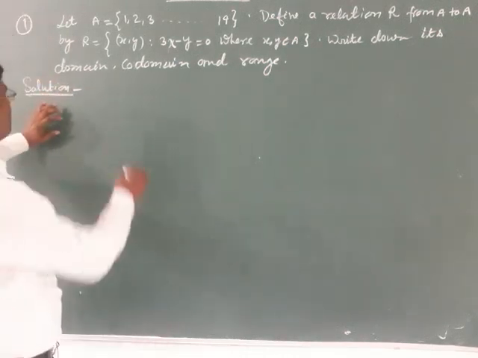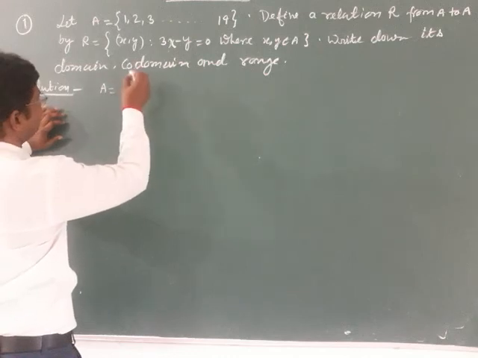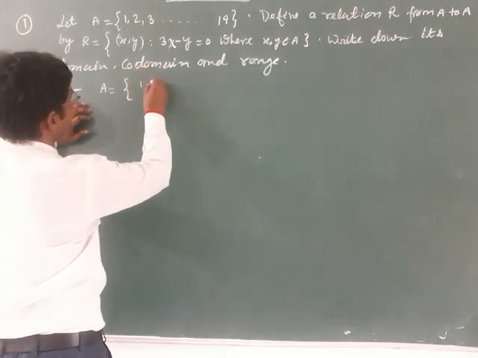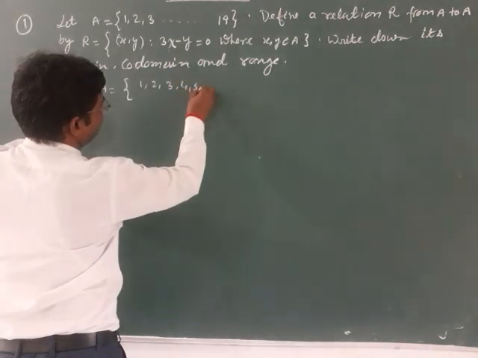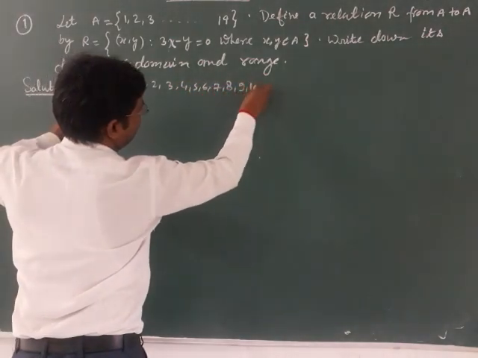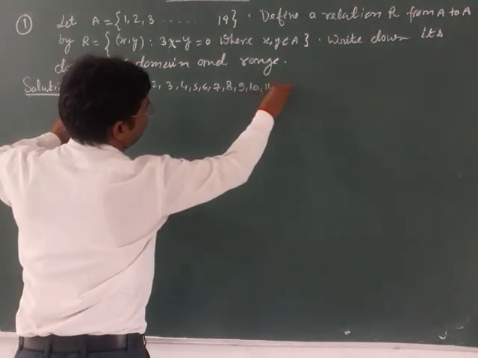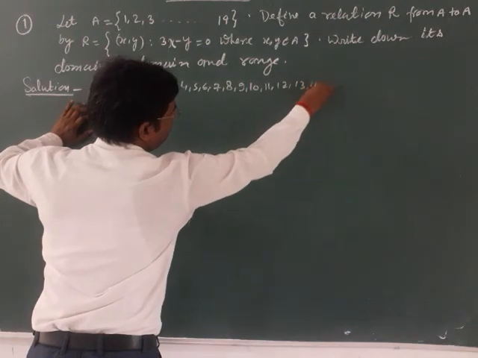Solution of this question. Now the given set A has elements 1, 2, 3, 4, 5, 6, 7, 8, 9, 10, 11, 12, 13, 14.